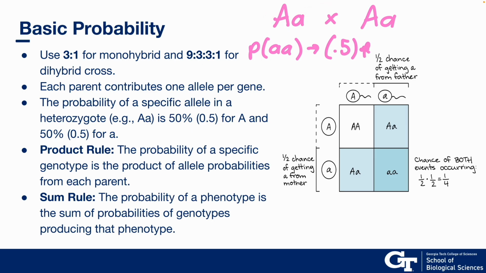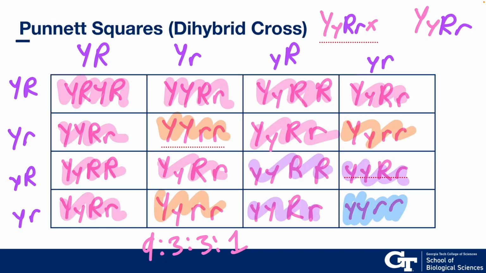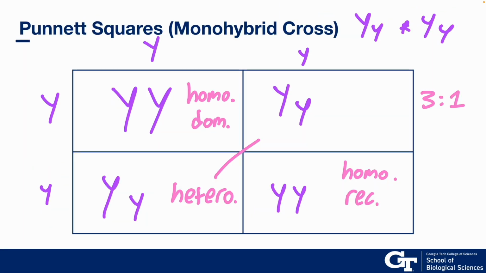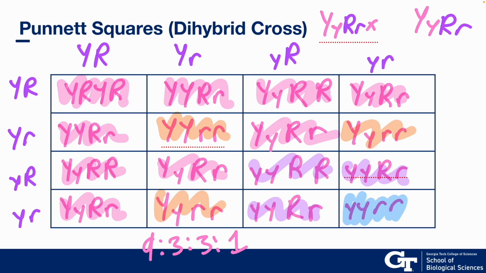And what about parent 2? Well, we're going to multiply that by the chance of getting little a again, which just happens to be 0.5 again. So we multiply these together and we get 0.25. So we have a 25% chance of being homozygous recessive. And if you look back at a Punnett square, obviously, that makes a lot of sense. That's where we get our 3 to 1 ratio from.